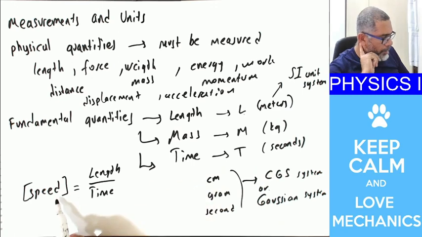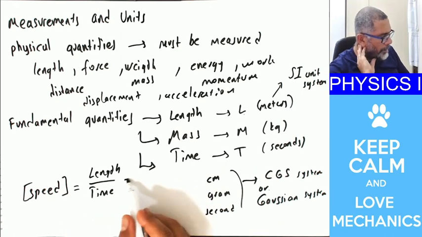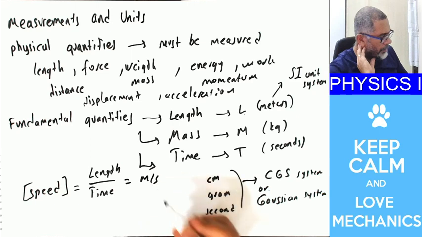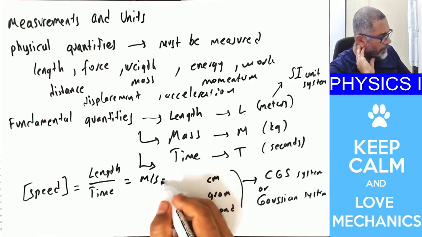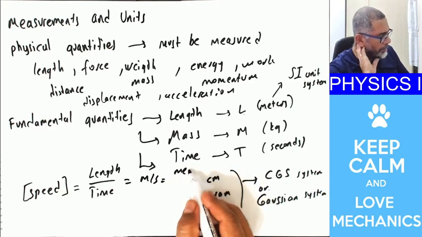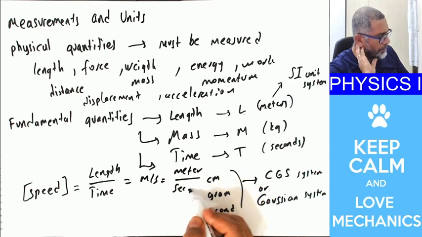For example, the unit for speed in the SI unit system is meter per second, or in a longer way of writing, meter divided by seconds.